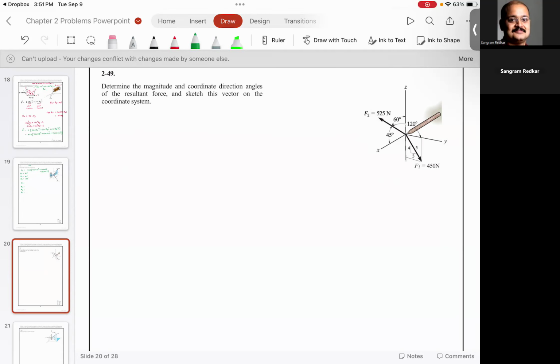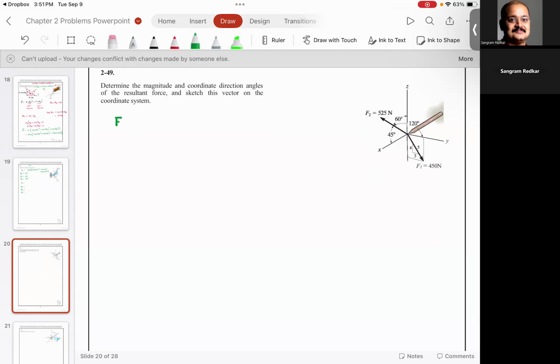Same thing. What you need to do is look at force F2. F2 is 525. You have to find theta x, which is 45. Theta y is 120.